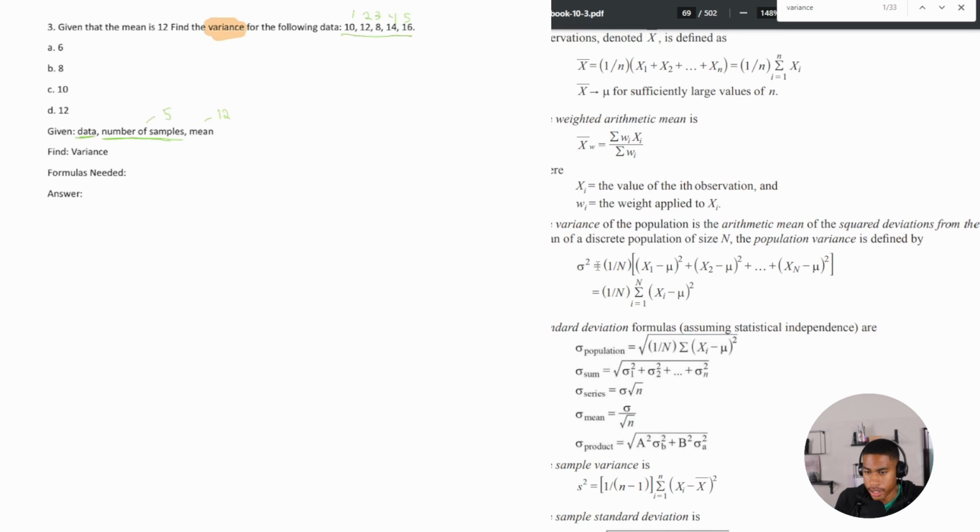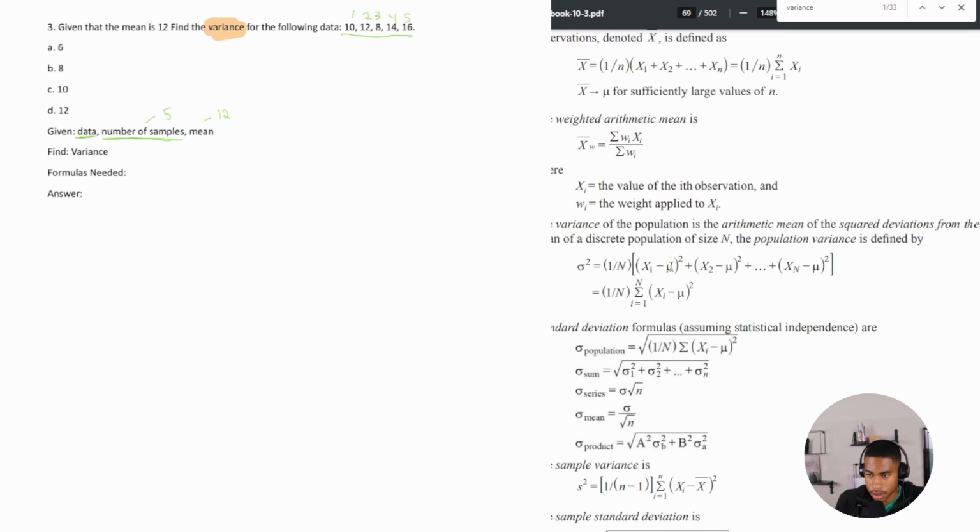How would we find the variance? Well, the variance for a population would be solved in this way. So variance is equal to standard deviation squared, or is equal to 1 over n times, what does this x stand for? Well, this x1 stands for the value number 1 minus your mean.